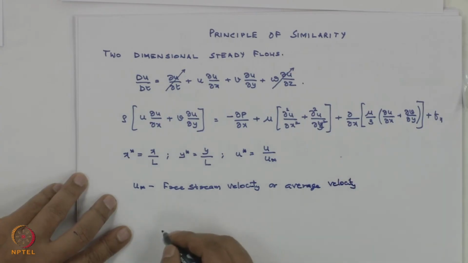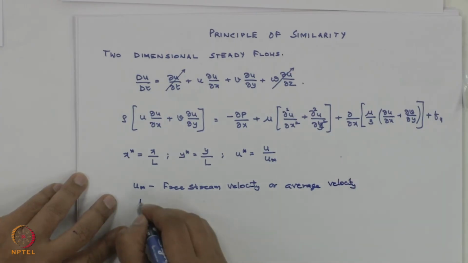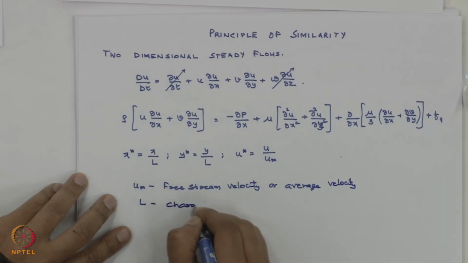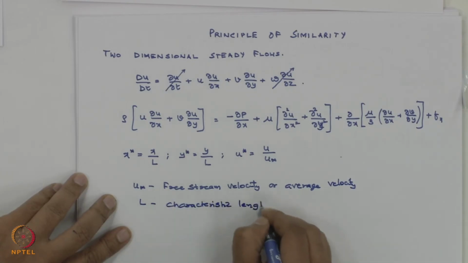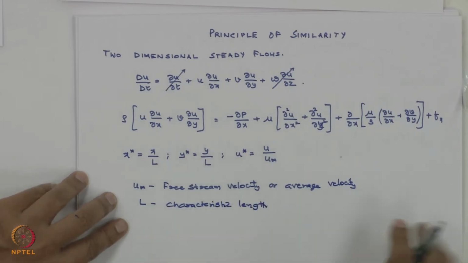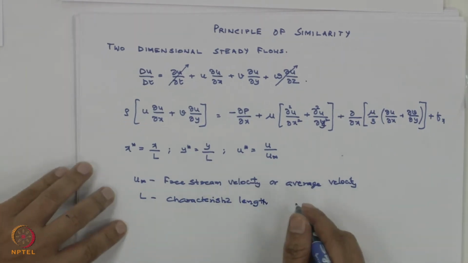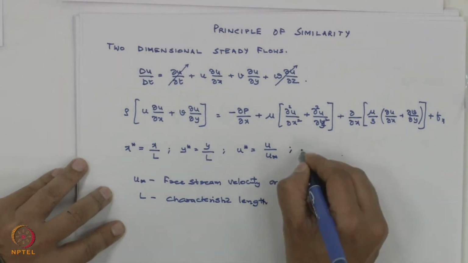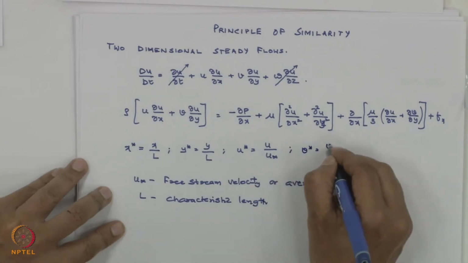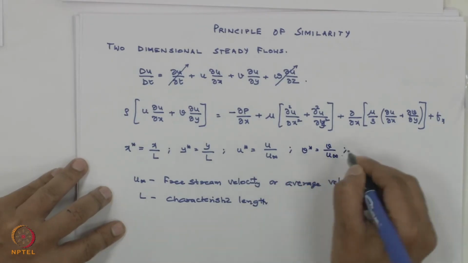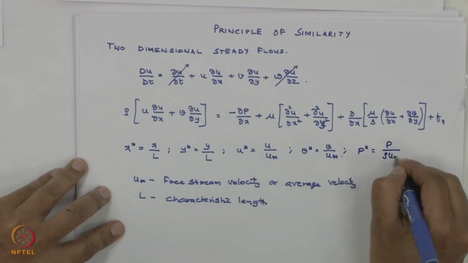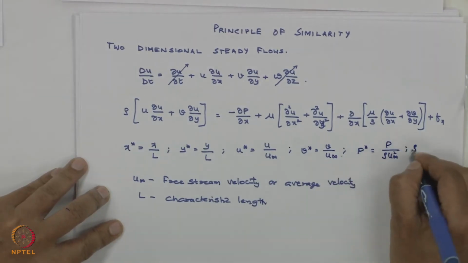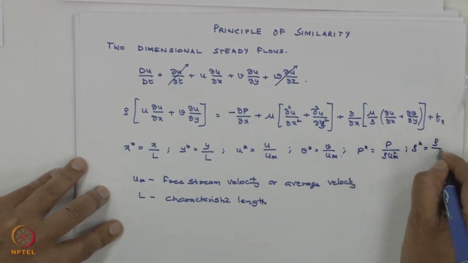L is a characteristic length: the length of the flat plate in case of external flows or the diameter of the pipe in case of internal flows. U star equals u by u infinity, v star equals v by u infinity, p star equals p by rho u infinity squared, and rho star equals rho by rho infinity.